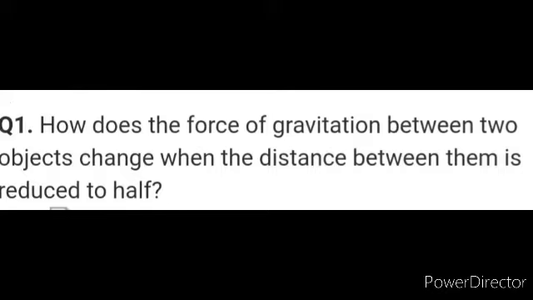So gravitation is inversely proportional to the square of distance. Keeping this in mind, let's see the answer. Gravitational force will be inversely proportional to distance square. So if the distance is half, 2 square is 4. So the gravitational force will be 4 times more if the distance is reduced to half.